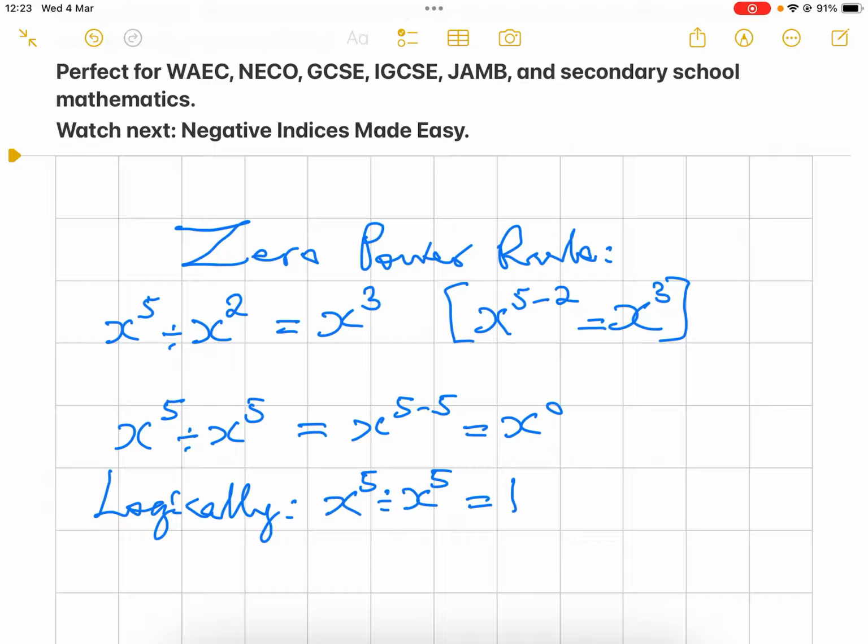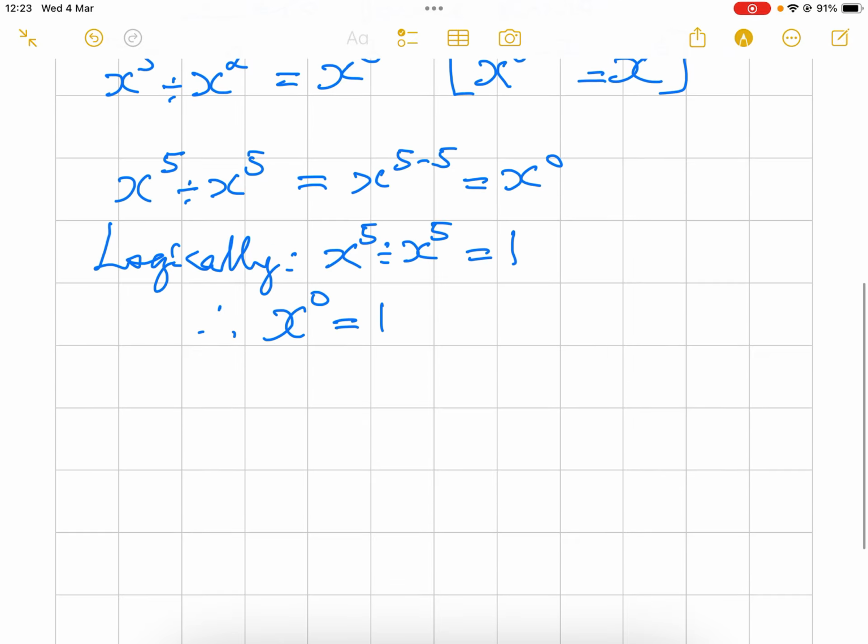Any non-zero number. If you divide 10 by 10, you get 1. If you divide 1 million by a million, you get 1. Any non-zero number divided by itself will give you 1. Therefore, we have been able to prove that x raised to power 0 is equal to 1.